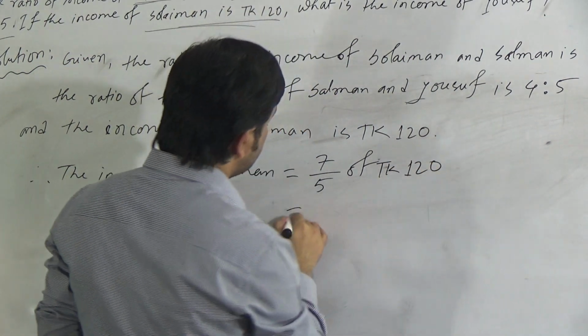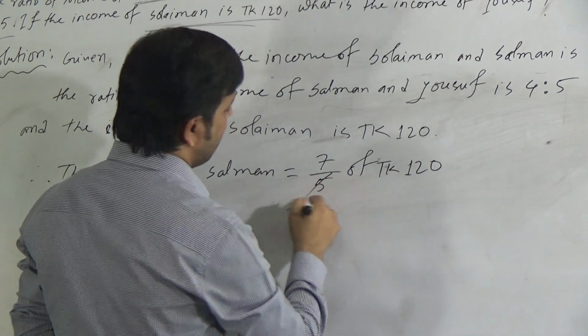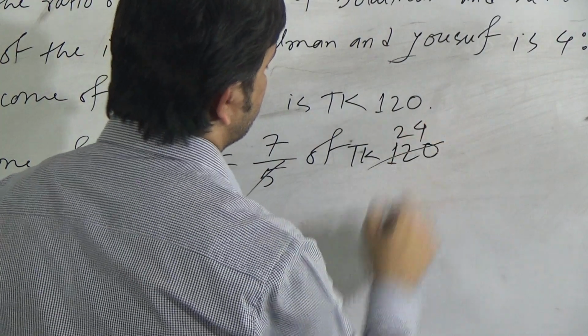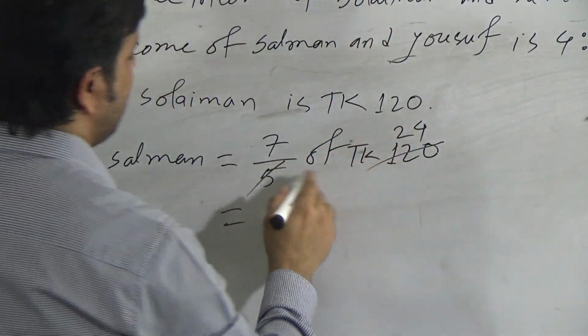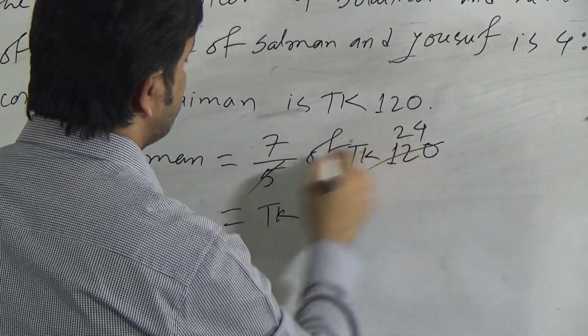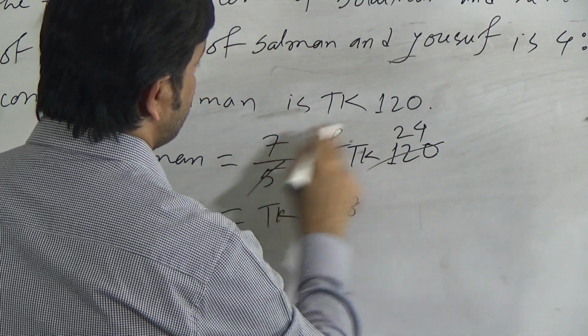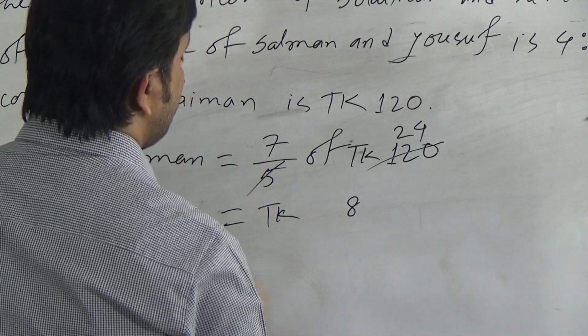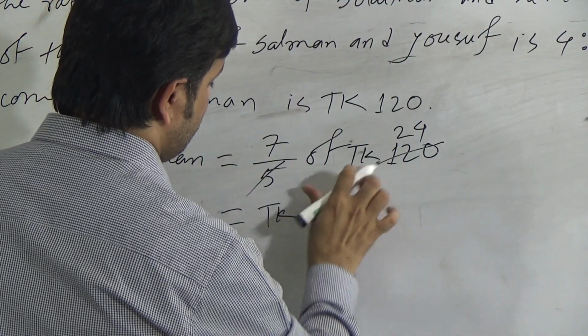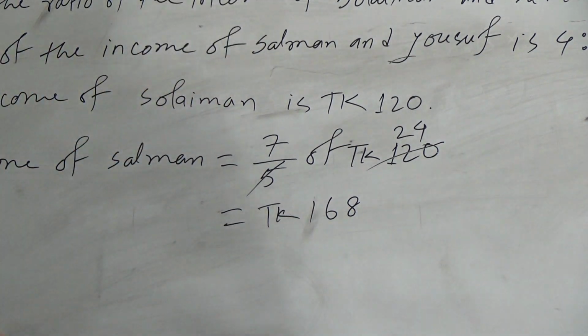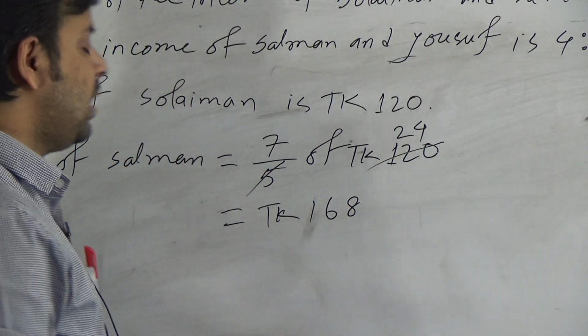That is equal to, if we cut by 5, we will get 2 times, then 4 times. Now we multiply this by 7. We will get 7 4s are 28, 7 2s are 14 and 2, 16, 168 taka. This is the income of Salman.